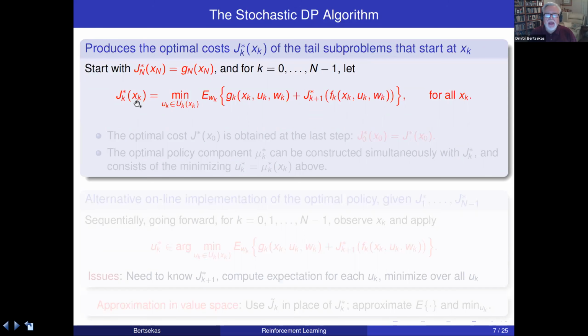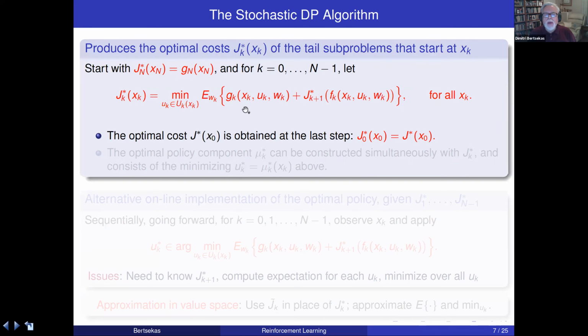And at state xk, it considers the first stage cost corresponding to various controls, adds the optimal cost to go from the next state that would end up, takes the expected value, and minimizes over all controls. So it operates on the basis of some kind of principle of optimality, that once I land in the next state, I should be using the optimal policy from then on forward, and we combine everything into this equation.